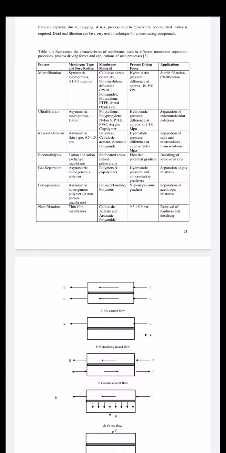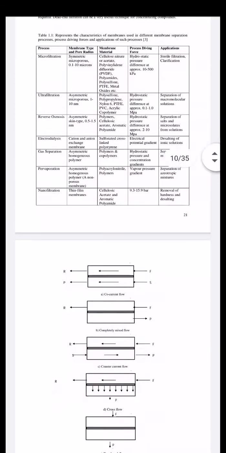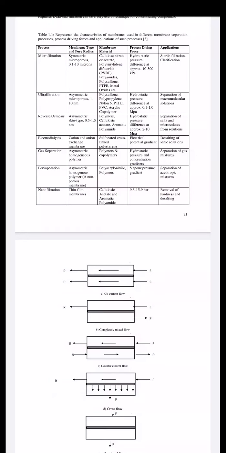The material used to prepare the membrane for microfiltration might be cellulosic nitrate or acetate, polyvinylidene difluoride, that is PVDF, polyamides, polysulfone, PTFE, metal oxides, etc. So these are the materials generally used for microfiltration.